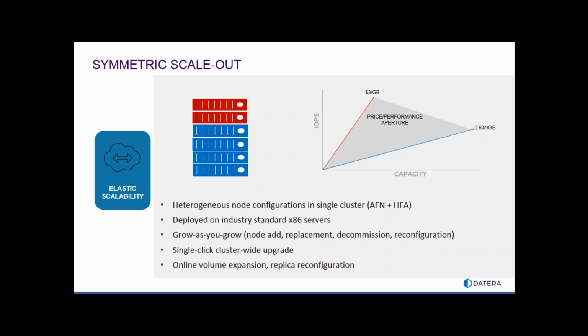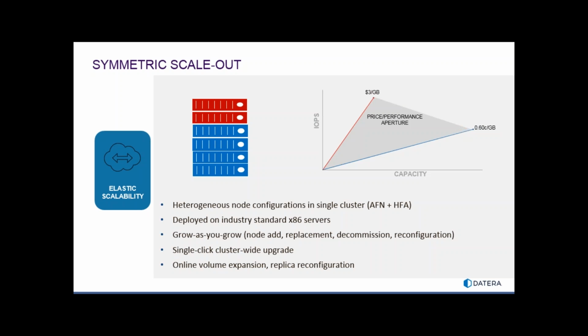So you can have a volume which is created with all-flash nodes and could be maybe, let's say, $3 a gigabyte, and you can have a volume which is created with hybrid flash nodes, and you have it at maybe 60 cents a gigabyte. So you have a wide aperture, and you can obviously have various volume configurations all the way in between as well. So we give you a control between your IOPS and capacity range that you want.